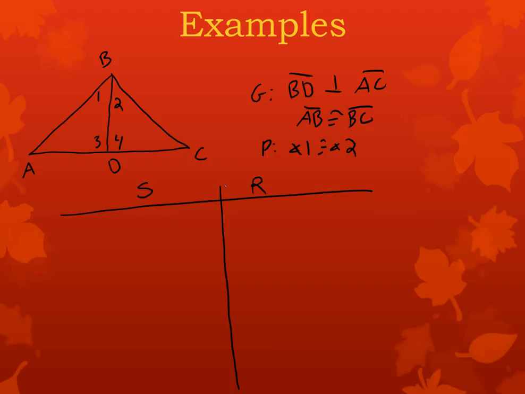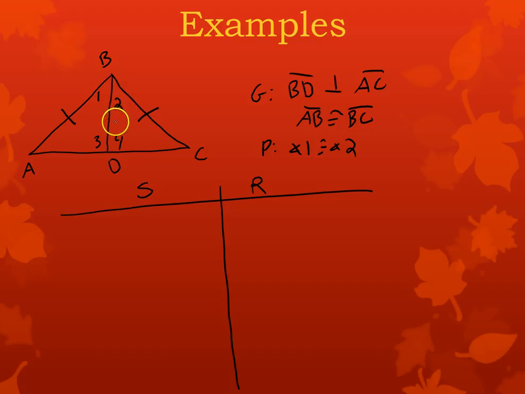So for example, I'm given the triangle situation right here. We're given that BD is perpendicular to AC, and that AB and BC are the same length. I want to prove that angles 1 and 2 are congruent. Now, the only ways to prove angles are congruent is if two of them are vertical angles, which they're not, if two of them are both right angles, which they're not, if I have parallel lines and they're alternate interior, corresponding, or alternate exterior, which they're not, or if I have an angle bisector, which I don't.